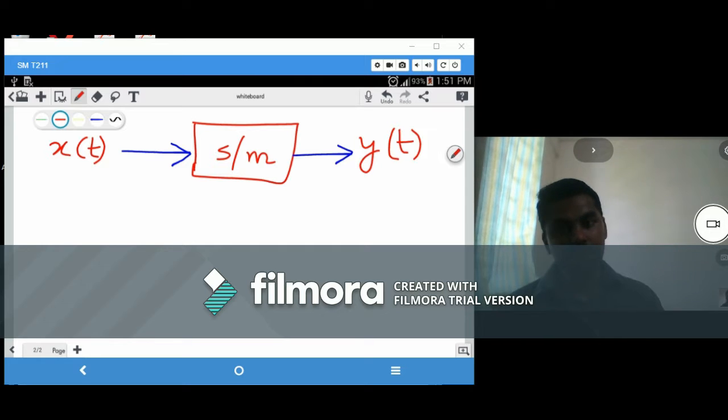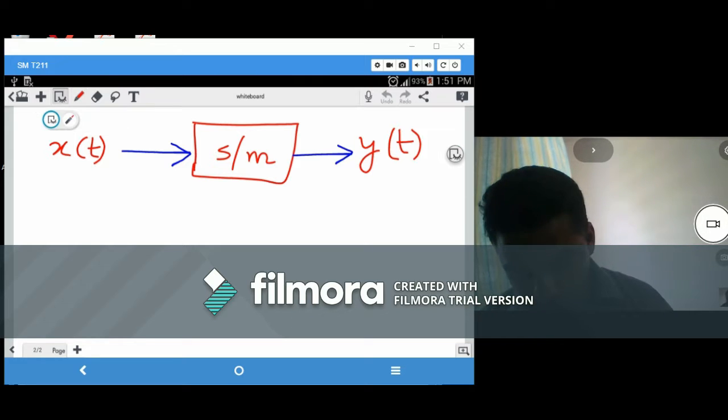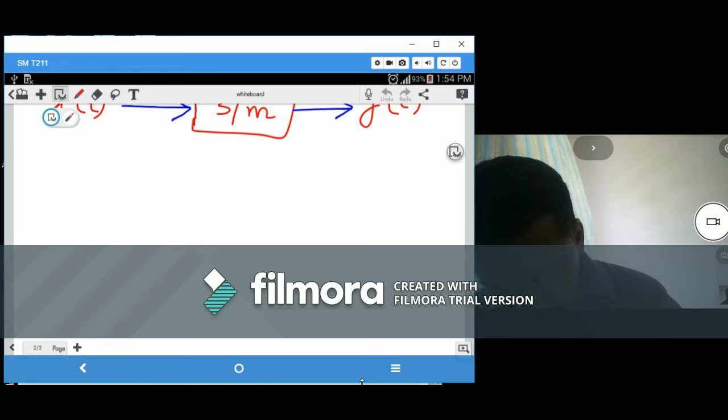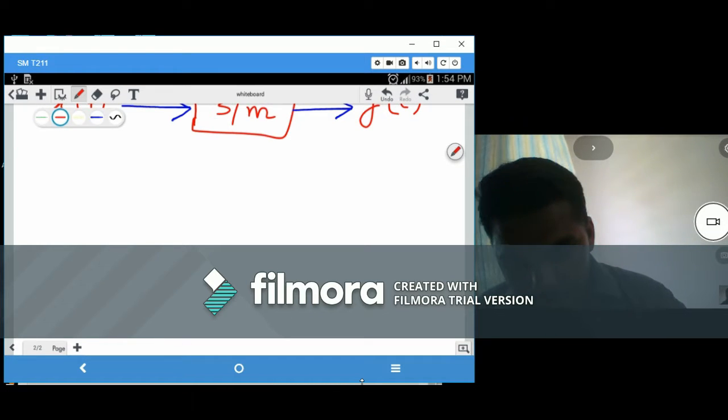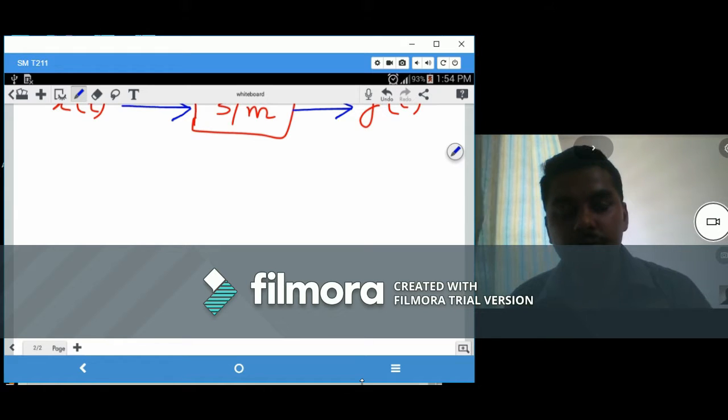So here we are defining the system block diagram using the functions x of t and y of t. So with that understanding of the block diagram, we shall move into the different classifications of systems.